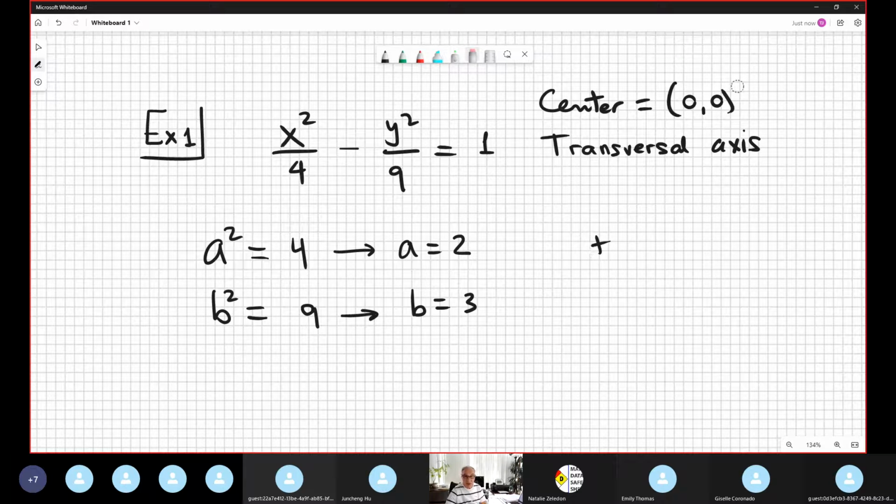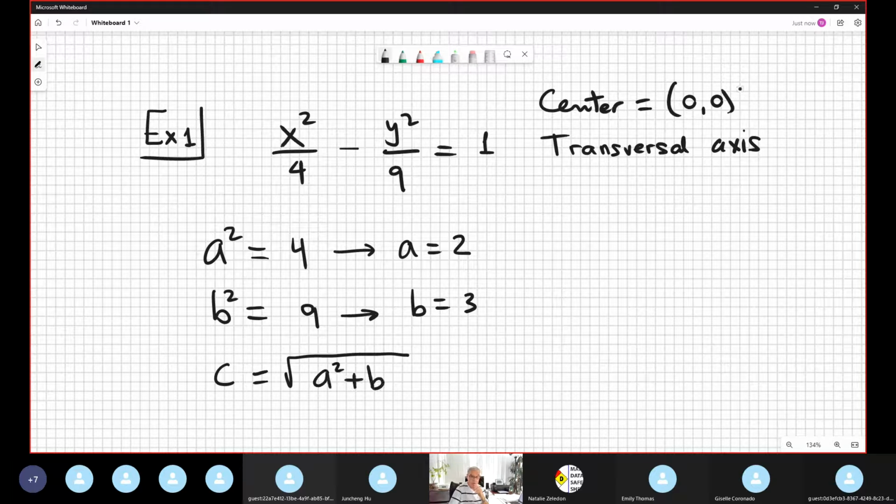I repeat one more time, guys: A is not the biggest. A is the parameter associated with the positive part. It's A squared 4 and B squared 9. Now I take advantage to compute C. If you know C alone, it is the square root of A squared plus B squared.